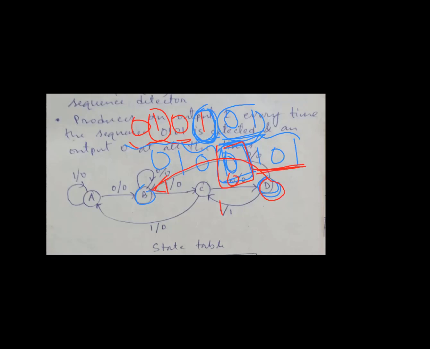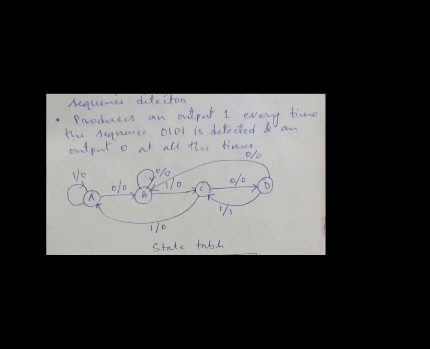If this can be obtained, then 0 1 0 1 can be obtained. Okay, so this is our overall diagram, called a sequence detector or Mealy machine.